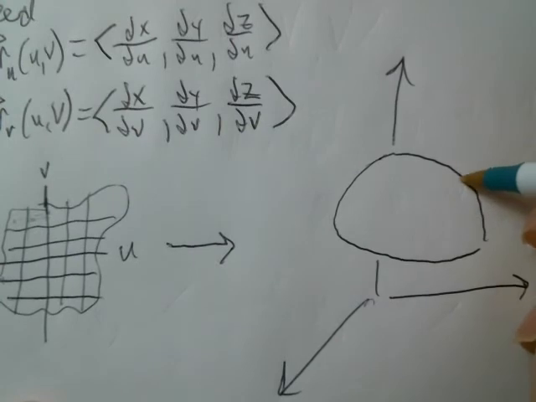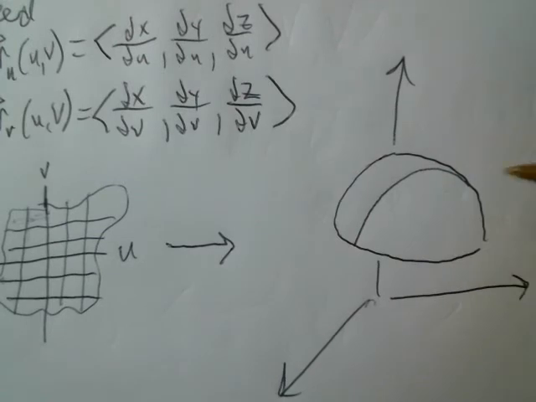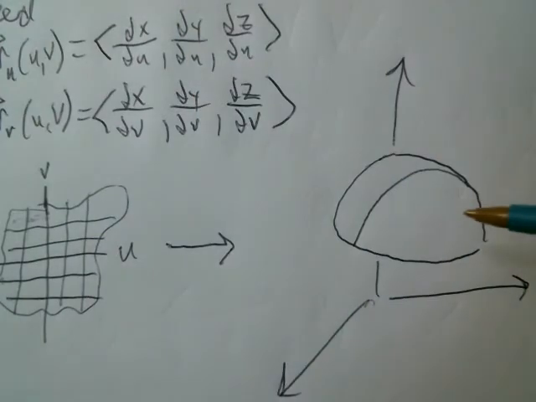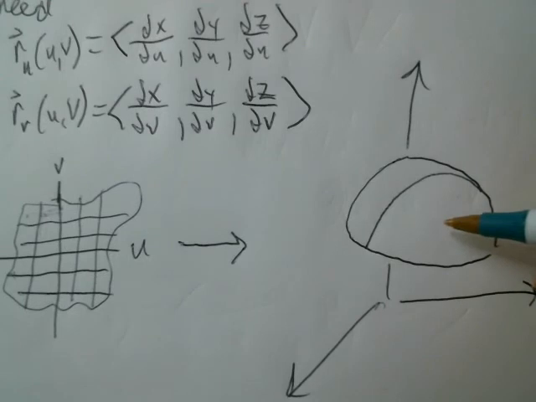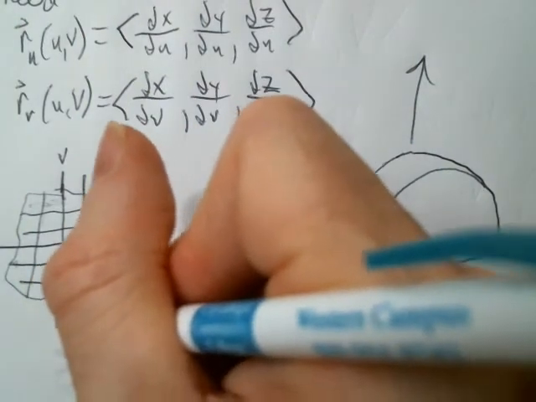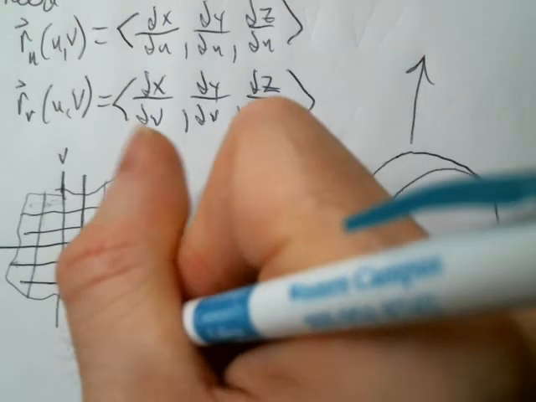I don't know which way it's going once it gets mapped onto the surface, so I have to be a little careful here. The partial derivative with respect to u is holding v constant. So maybe this is the line at v sub 0.